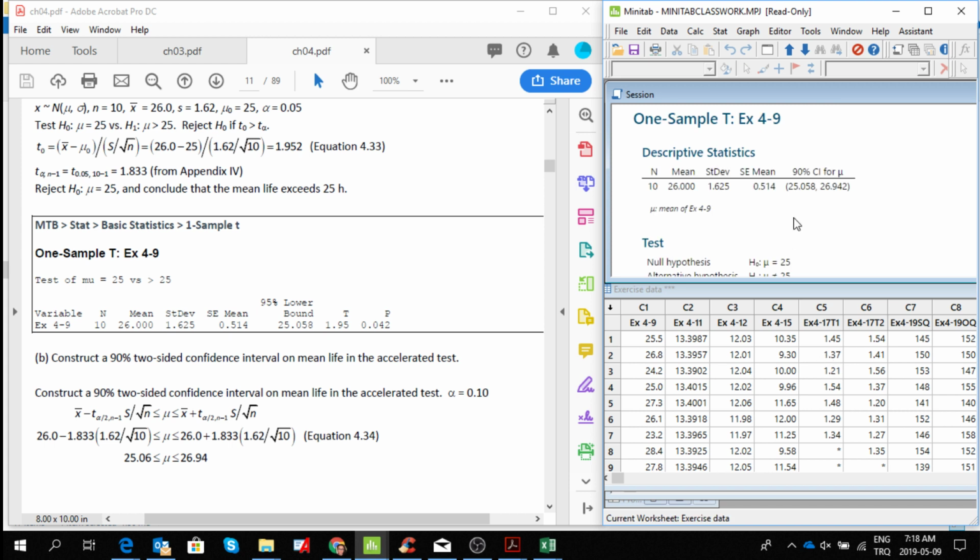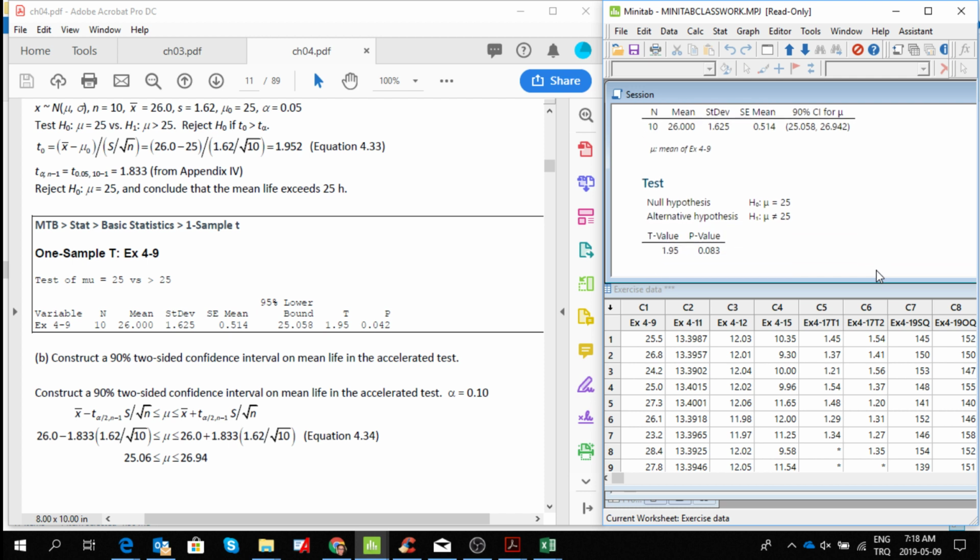We get one-sample t. We have n, 10, mean, everything here is the same. The 90% confidence interval is given two-sided, which is this, which should be the same as this result, 25.606, 26.94. Okay, and then we go down here and look at the t value and p value.